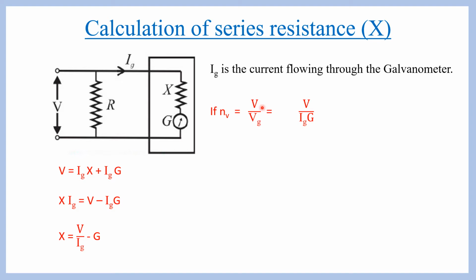What is Vg? Vg is the potential fall across the galvanometer, that is Ig into G. Substituting that in this expression, the value of V is substituted.